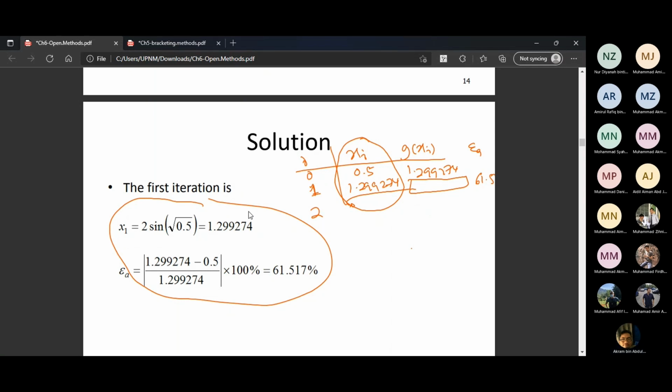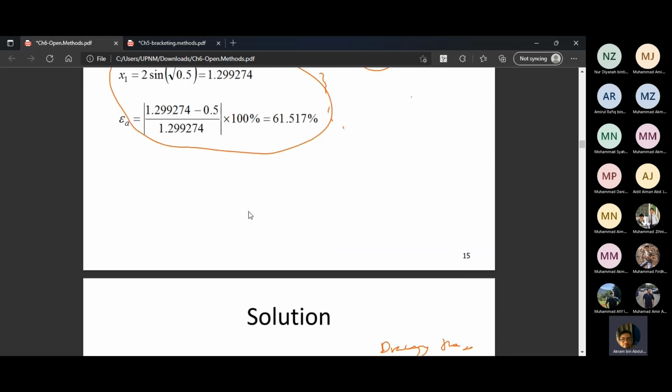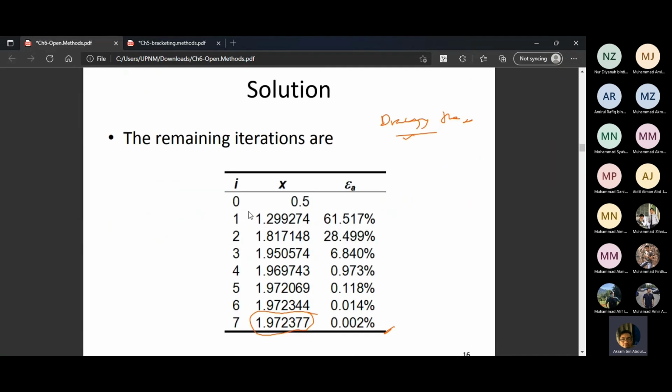Then how to calculate epsilon a? Remember, we look at the value of xi: the new value of x minus the previous value of x, divided by the new value of x. So 1.299274 minus 0.5, divided by 1.299274, times 100%. So we get 61.517%.